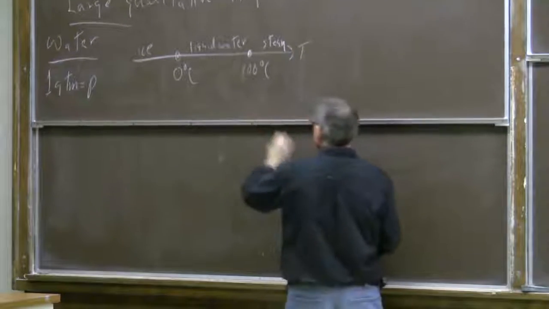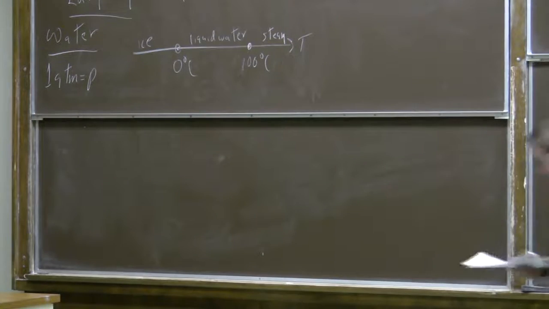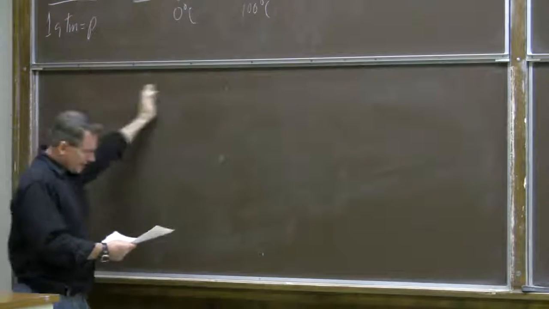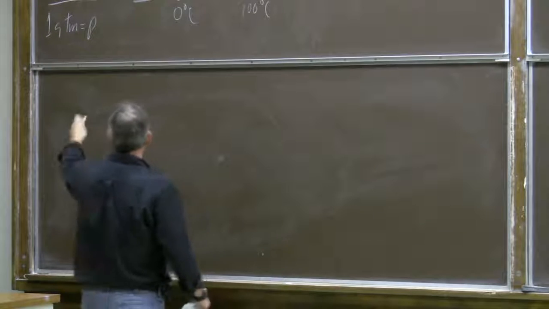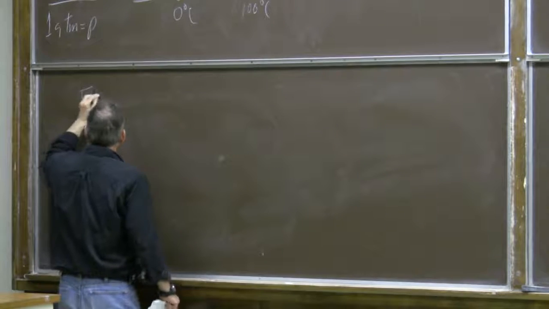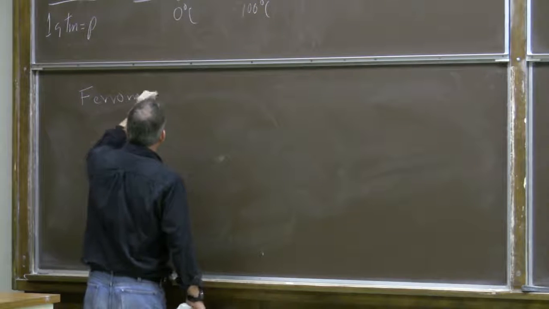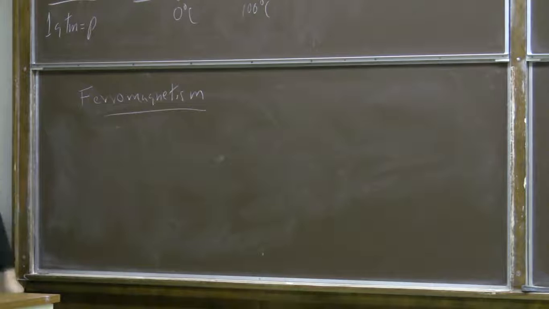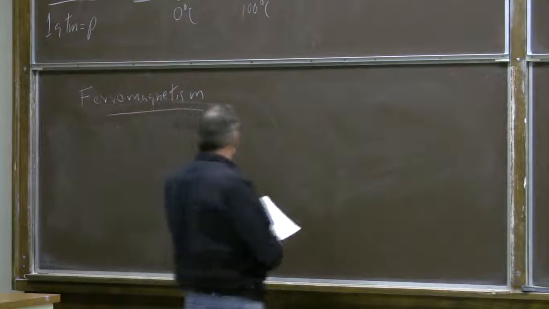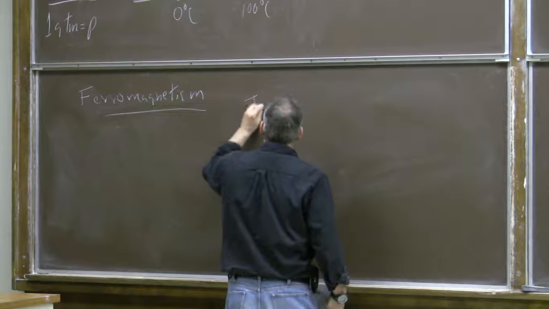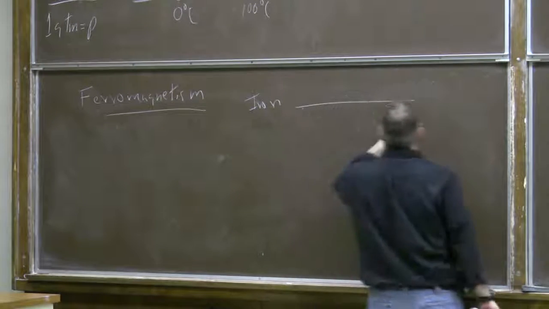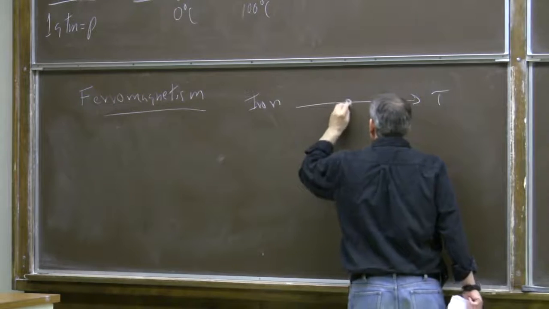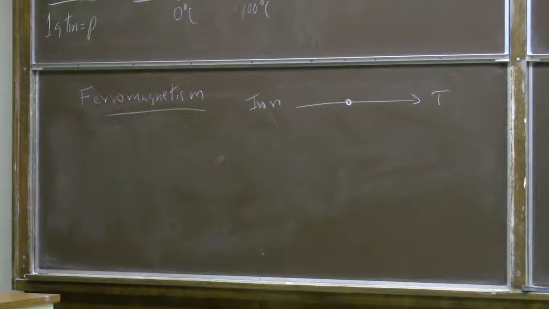But there are many, many types of phase transitions which are of interest to physicists. So one which we kind of talked about and which we'll discuss in more detail later on is ferromagnetism. You know that iron magnetizes, at least at sufficiently low temperature. But if I consider iron as a function of temperature, at a sufficiently low temperature it spontaneously magnetizes.